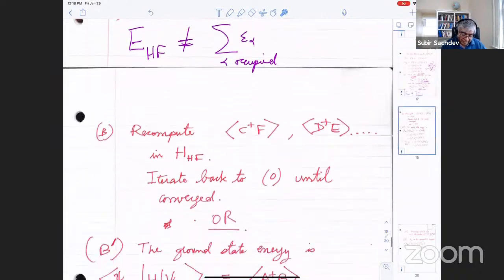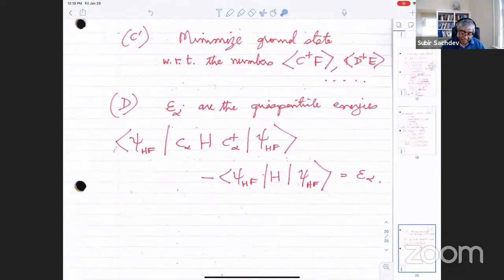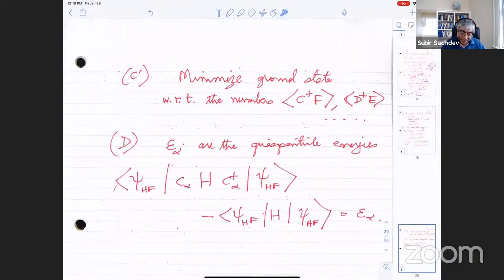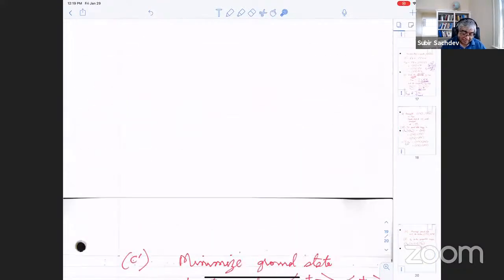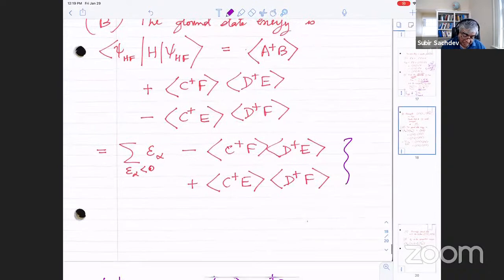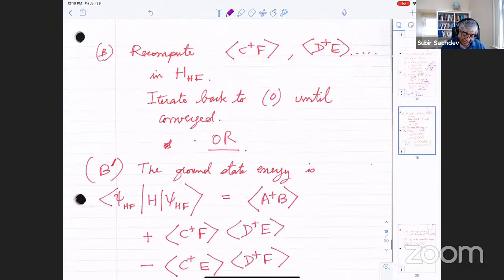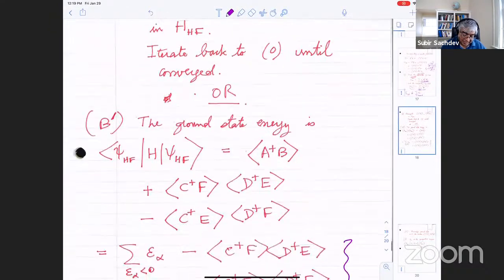So you can even view this as a problem as stated here. This is what you do. There's an algorithm that I've written down. That is, you minimize this expression here. So what you do now is you pick some numbers. You find the Hartree-Fock Hamiltonian based on those numbers.